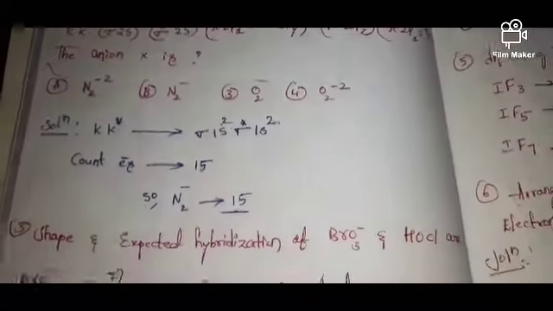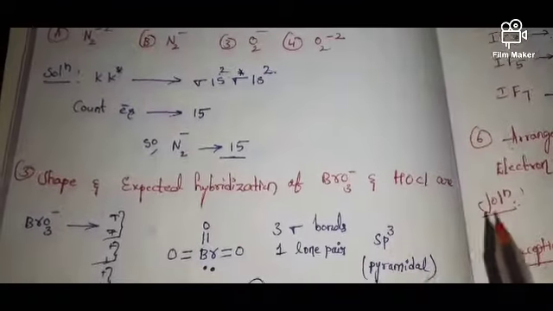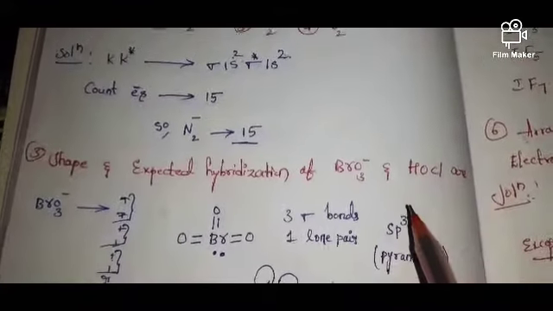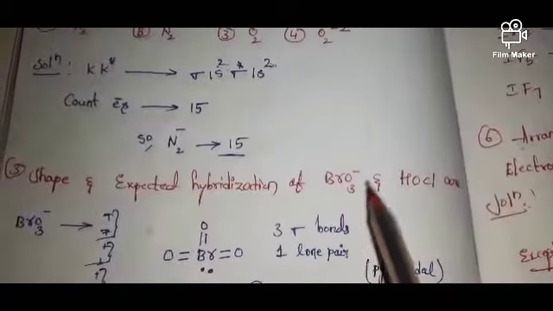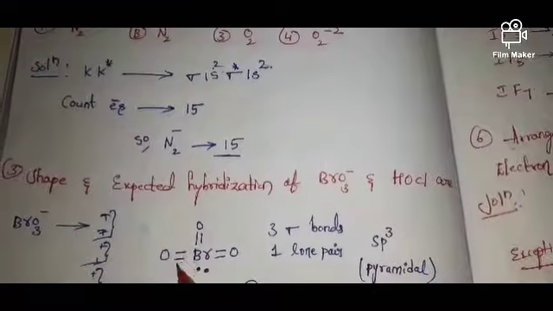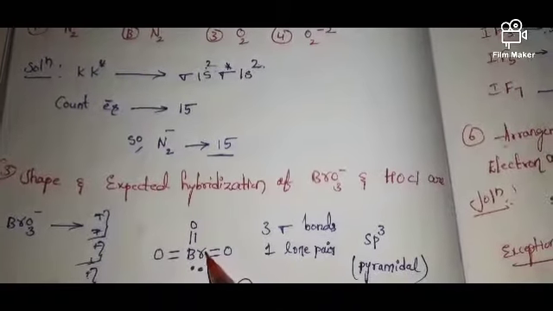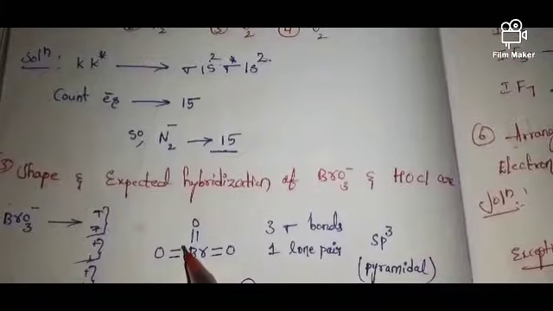Okay, next, third: shape and expected hybridization of BrO3 minus and HOCl. Let us try to draw the structure for BrO3 minus. We know bromine is a halogen.